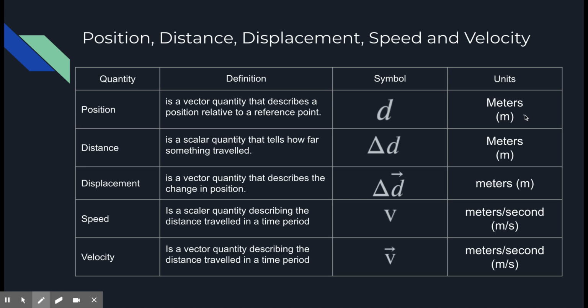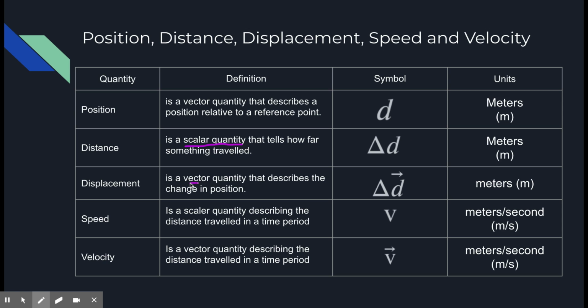This has a symbol of just a plain old D, and the units are in meters. Distance, units are also in meters, but this is a scalar quantity. It tells you how far something has actually traveled. So has it gone 100 kilometers? Notice no direction involved.